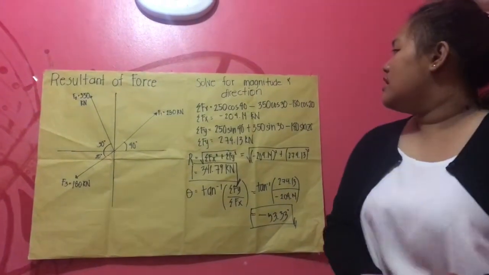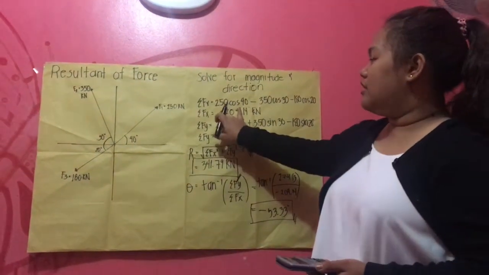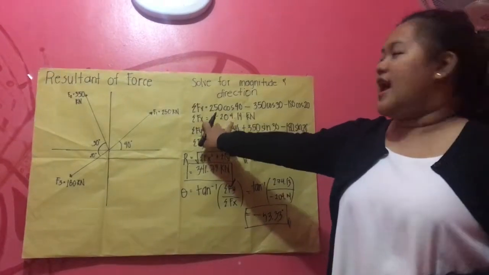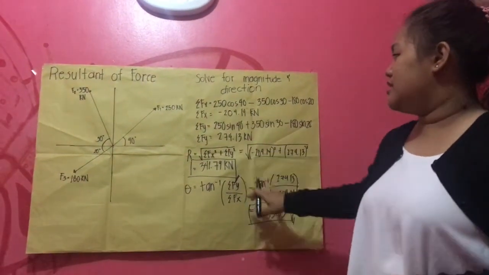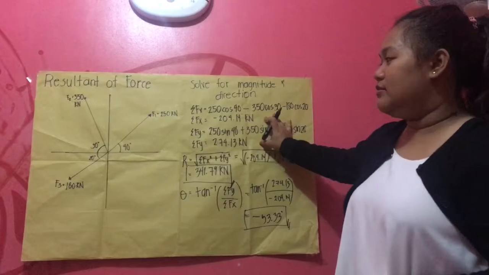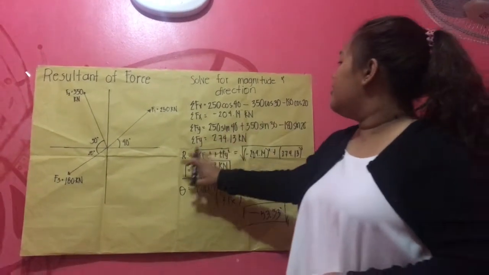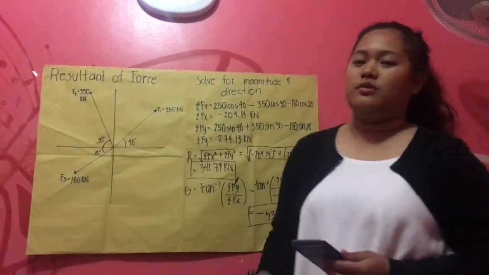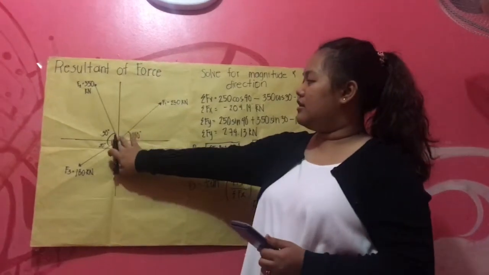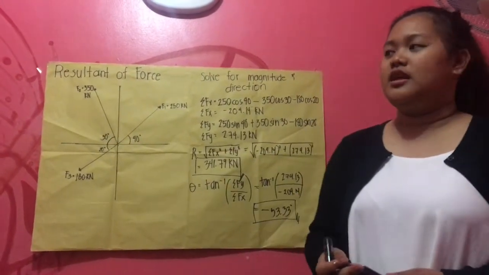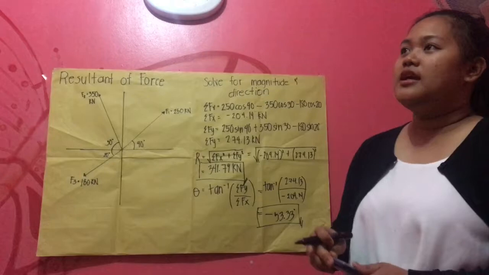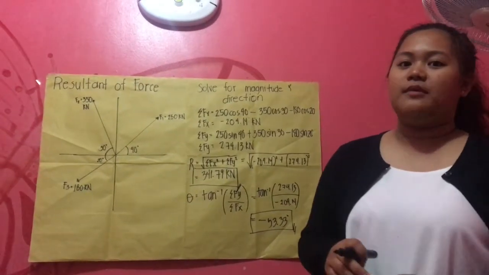But since we get negative on the x-axis and positive on the y-axis, the resultant must be on the second quadrant. So when you have the resultant on the second quadrant, the angle must be 90 degrees up to 180.